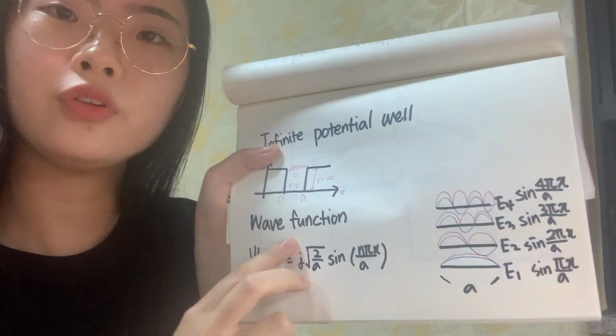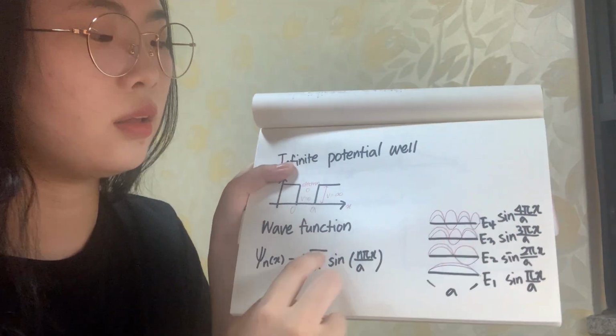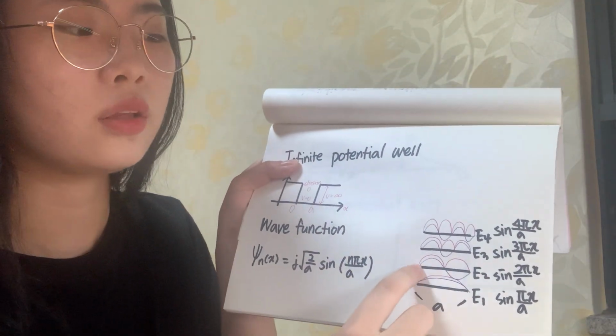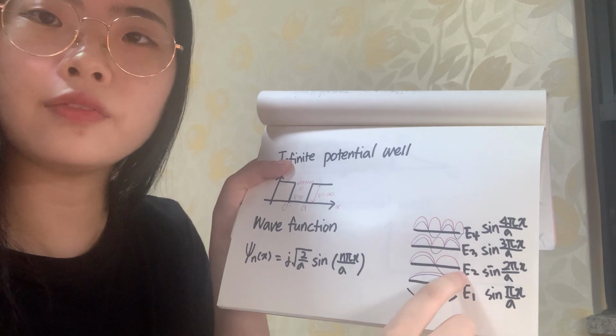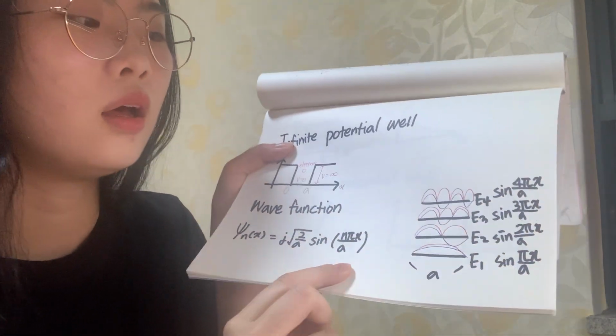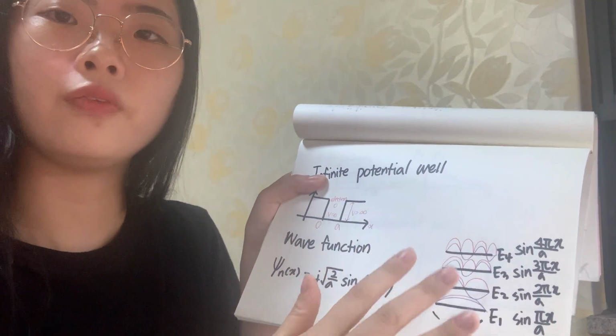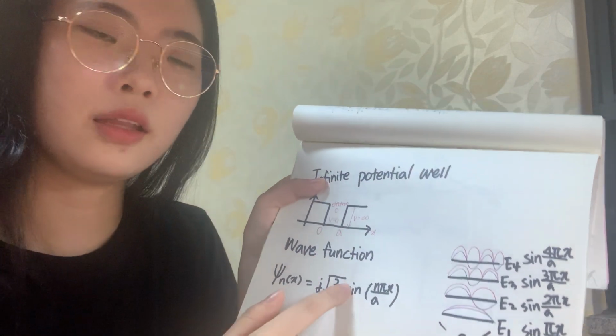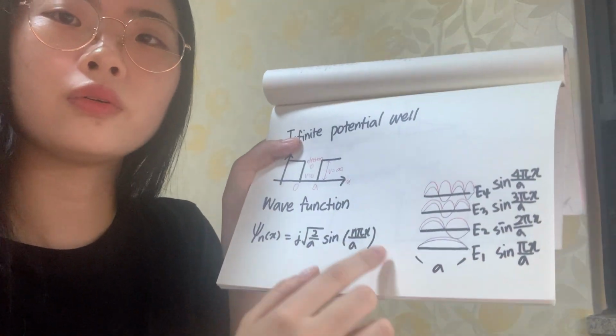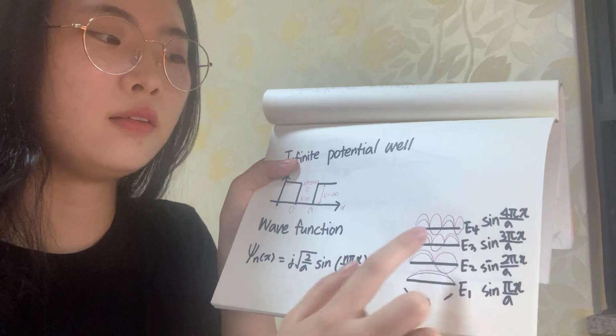However, if we put the number 2 in this equation, we can draw a graph like this, blue line. Then if we put another number in n, we can also draw another graph like this.